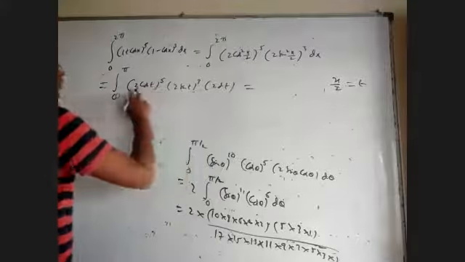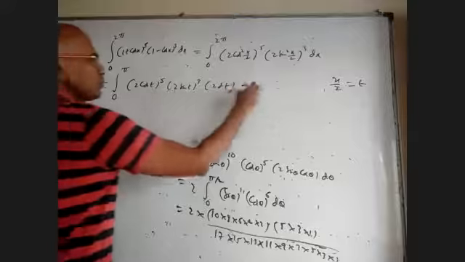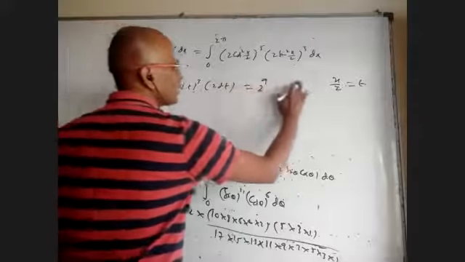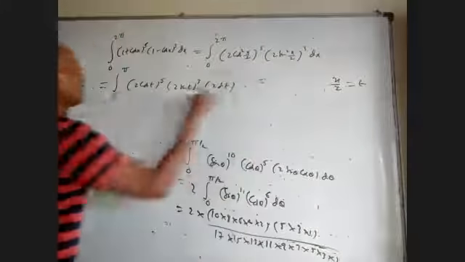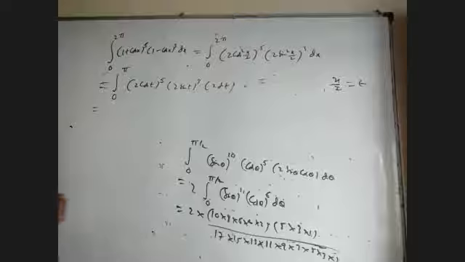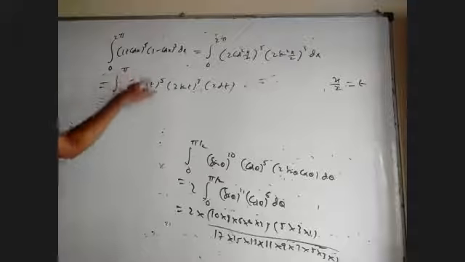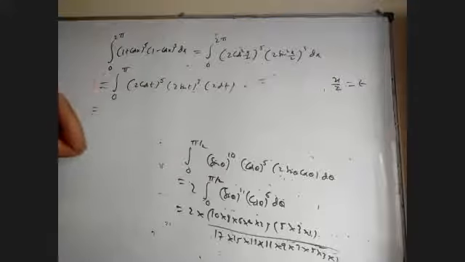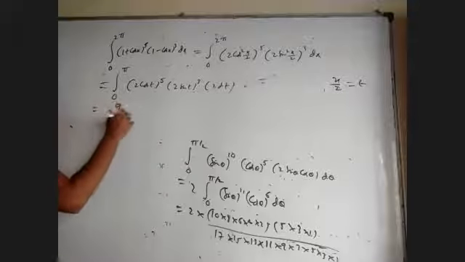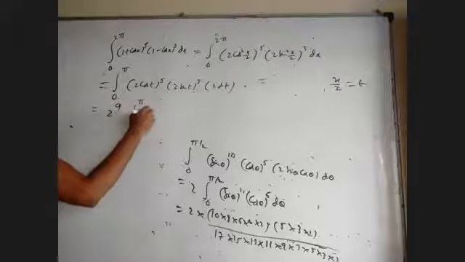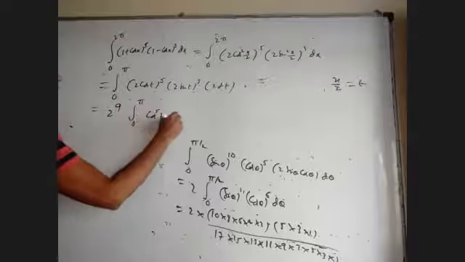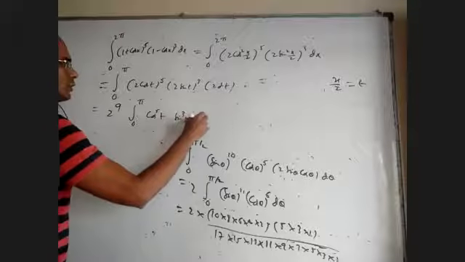Okay, 2 power 5, 2 cube, 2 power 9, 2 power 8, 2 power 9. And 0 to pi, if I replace t with pi minus t, look at the odd function, so it is 0. 2 power 9 integral 0 to pi cos power 5 t sin cube t is 0.